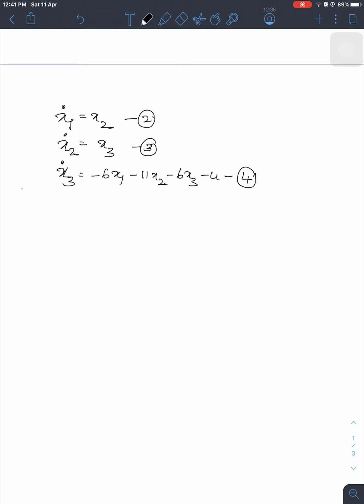Now we will put equations 2, 3 and 4 in vector matrix form.